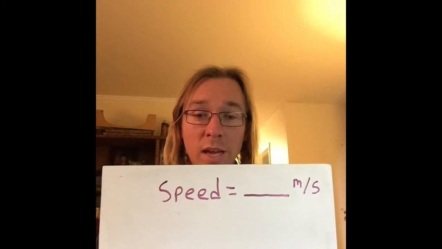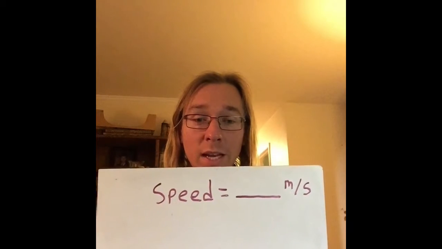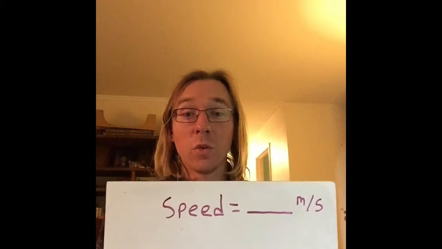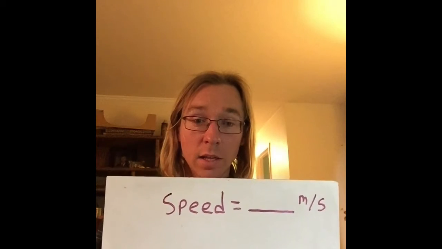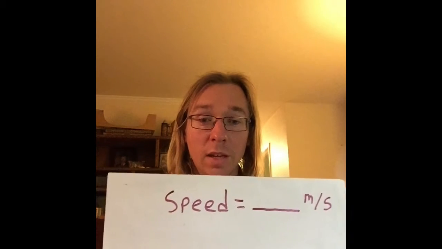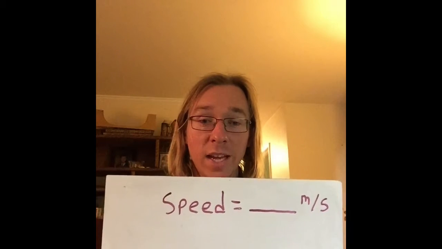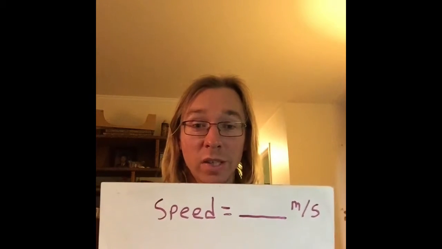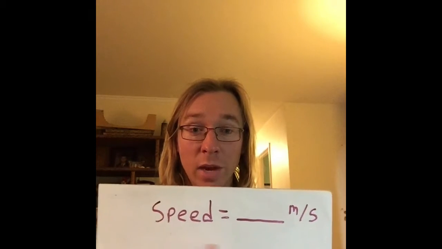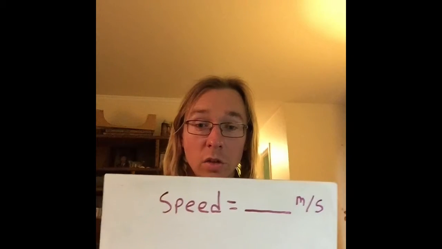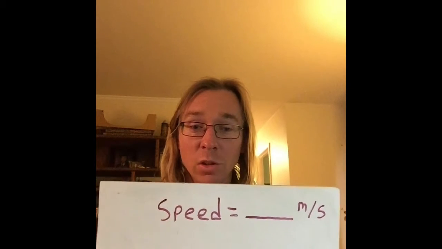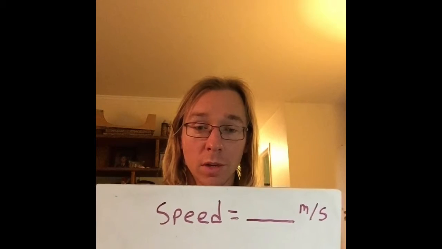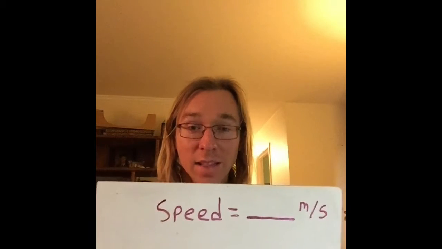Acceleration is expressed as meters per second per second, also known as meters per second squared. All right? So, look at this. We have meters per second over seconds. Well, what is meters per second? Meters per second is speed. It's the way you express speed. So, with acceleration, you really have speed over time. All right? And that's how you graph it.